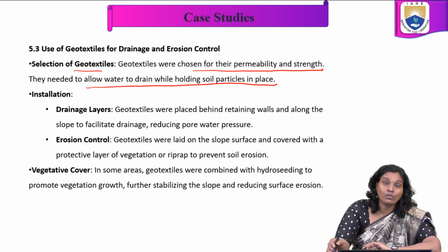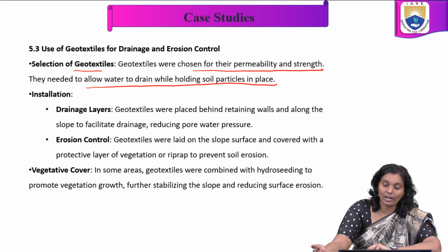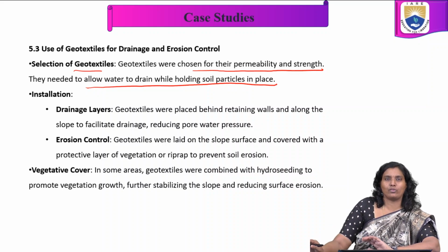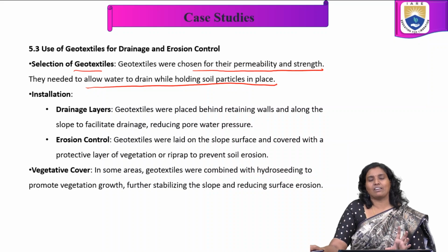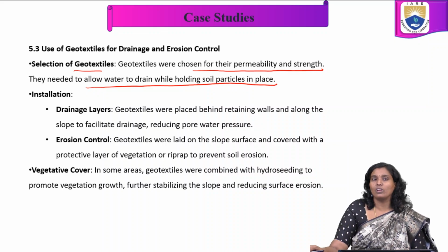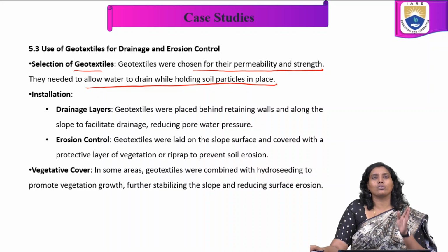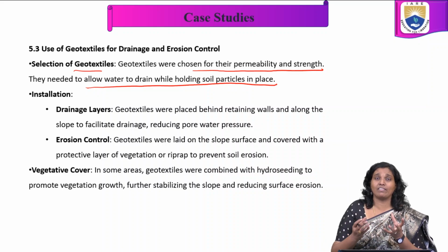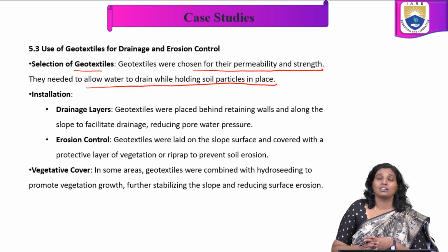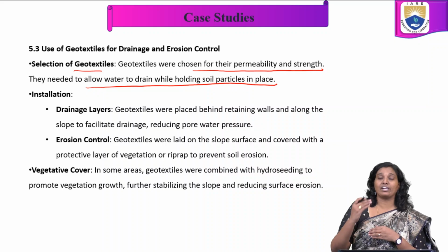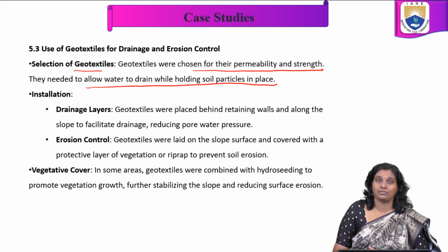In this vegetative cover, in some areas, geotextiles were combined with hydroseeding to promote vegetation growth, further stabilizing the slope and reducing surface erosion. This vegetation cover also plays a vital role in reducing erosion.